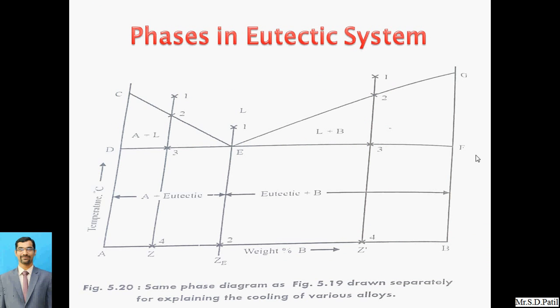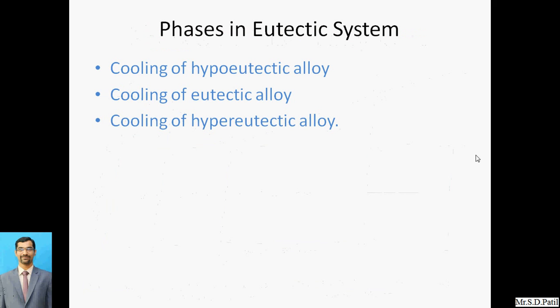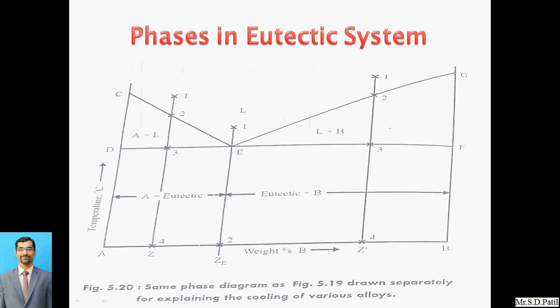First of all, try to understand the different types of phases. Generally there are three phases in this diagram. Here you can see this diagram is divided by three lines. This is the first line, here it shows A plus eutectic. This is the second line. In the last lecture we covered that E is the eutectic point.